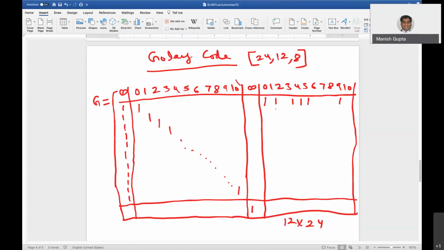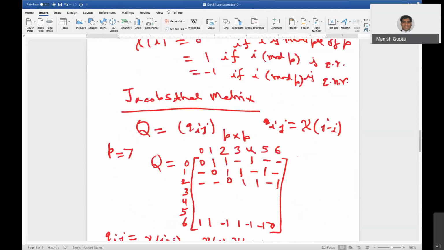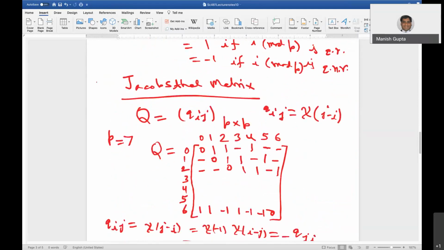Next you can see that it is 1, 1, 0, 1, 1, 1, and all 1. So essentially all these rows are kind of cyclic shifts. And the same thing was observed in the Jacobsthal matrix. You can see here that the first row is 0, 1, 1, minus 1, 1, minus 1, minus 1.